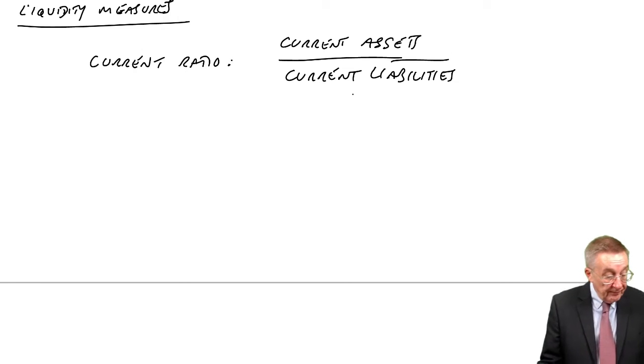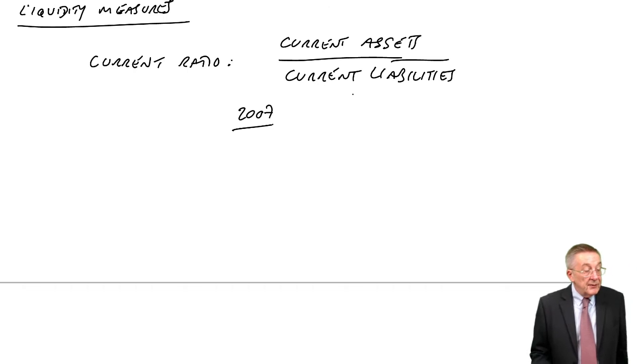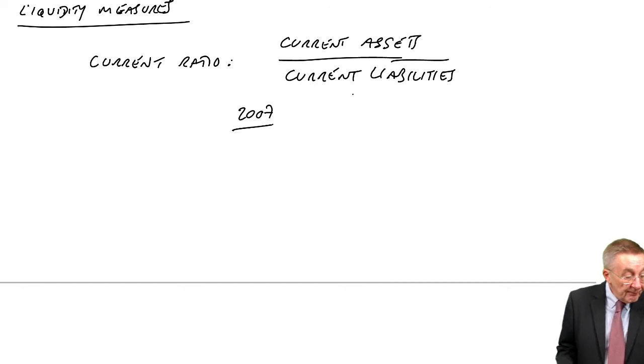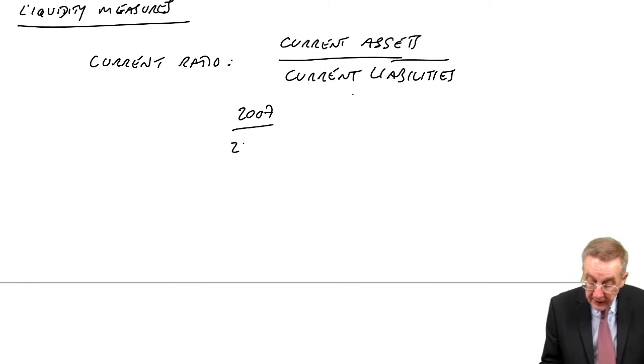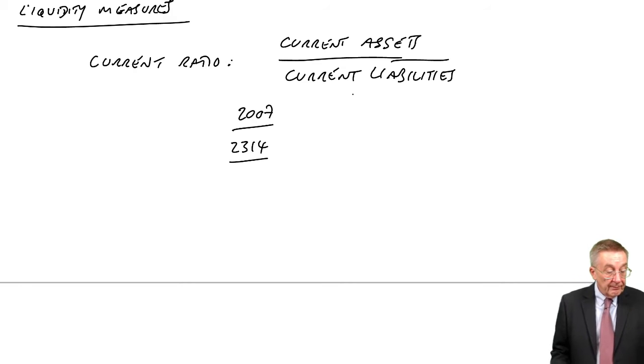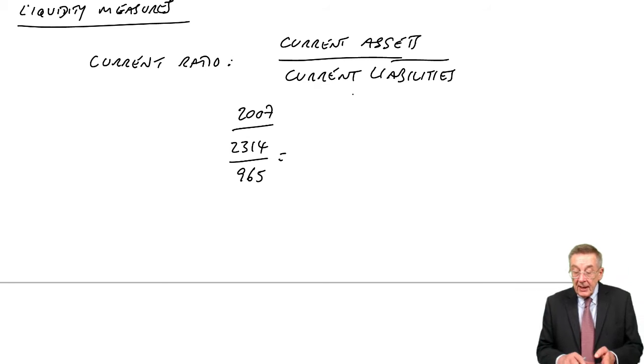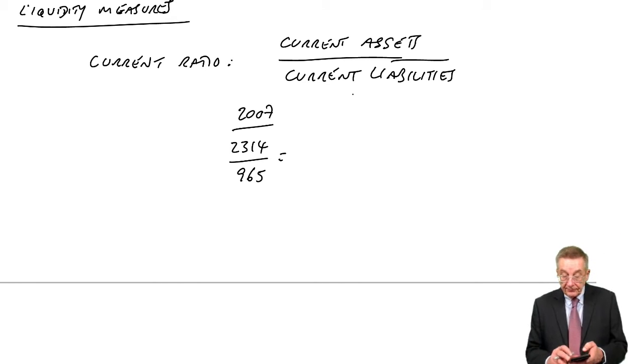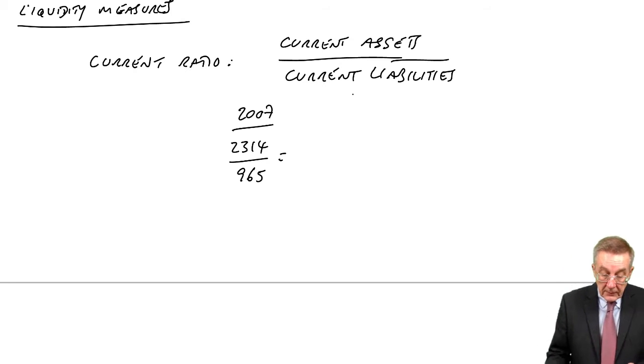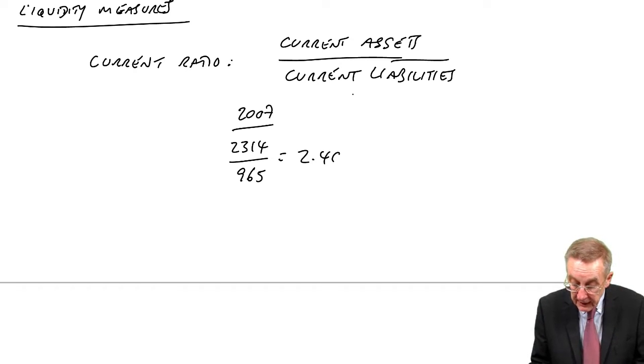And so, just check with the figures. In 2007, from the statement of financial position, the current assets were 2314, and further down the current liabilities were 965. And so as a ratio, 2.40.